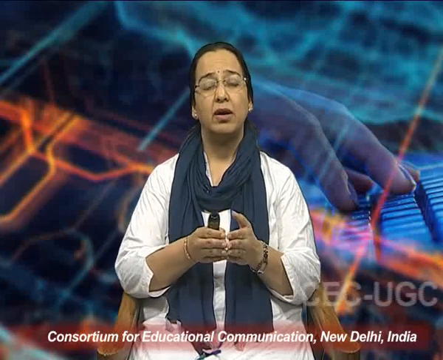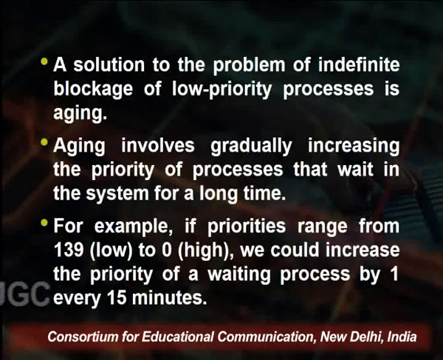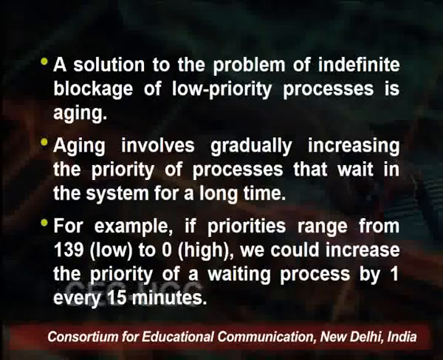With this calculation, after about 33 hours or so, a process with the lowest priority of 139 will reach the higher priority range of 0, 1, 2, if we are increasing the priority of the waiting process by 1 every 15 minutes.